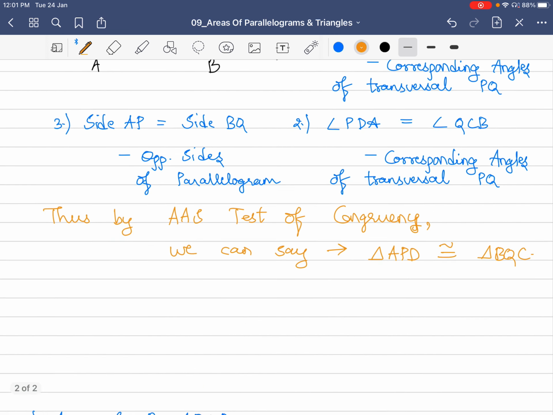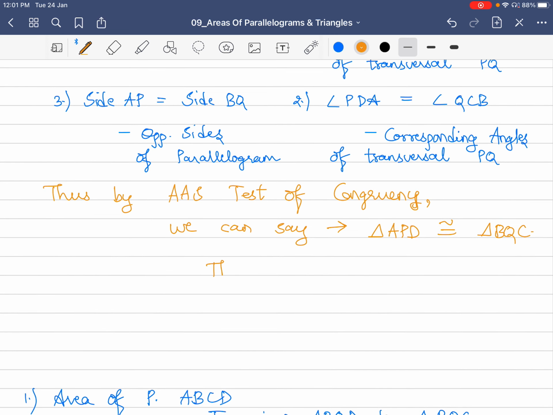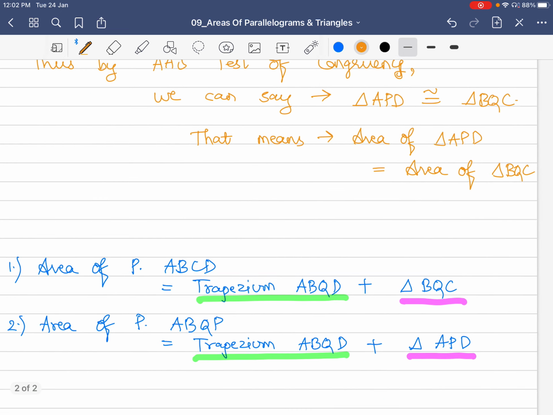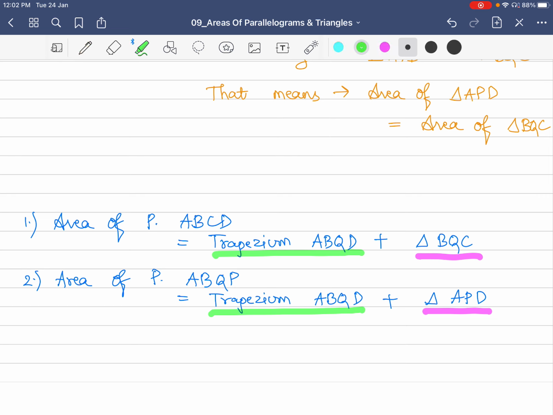That means, and this is an important conclusion, the area of triangle APD is equal to the area of triangle BQC. This is an important point, and I'm going to use a highlighter here.